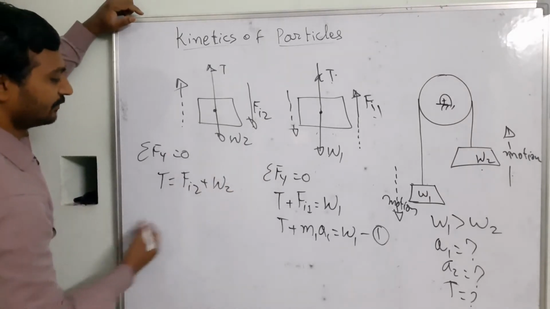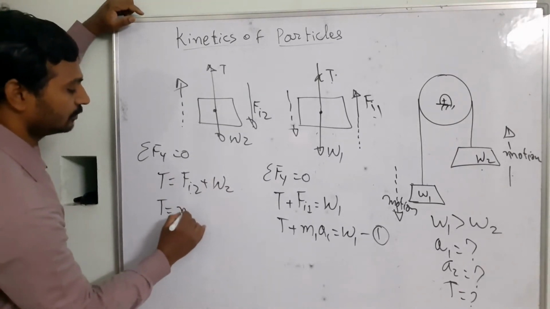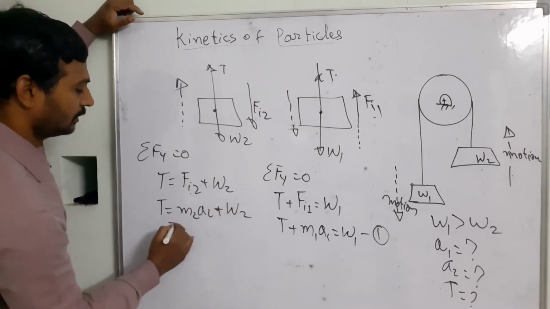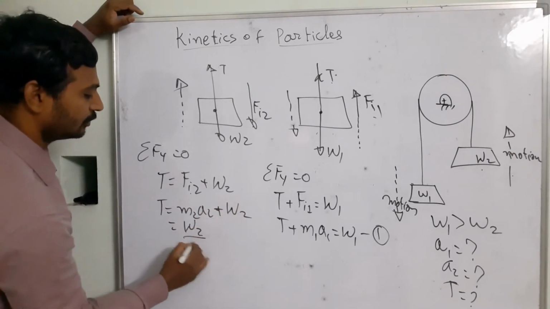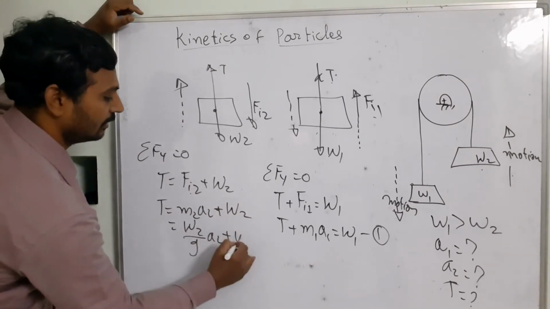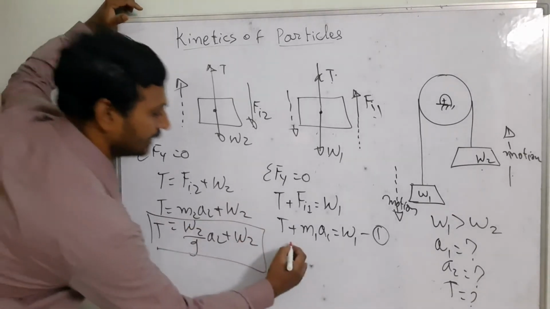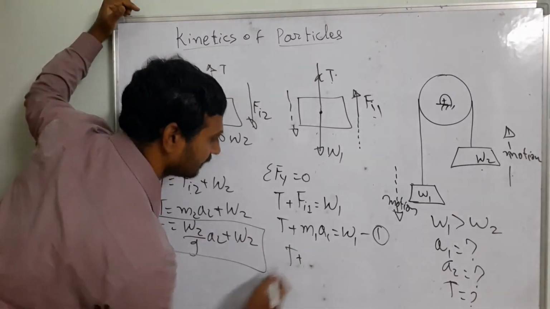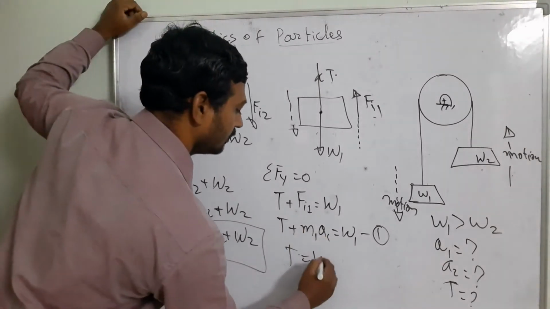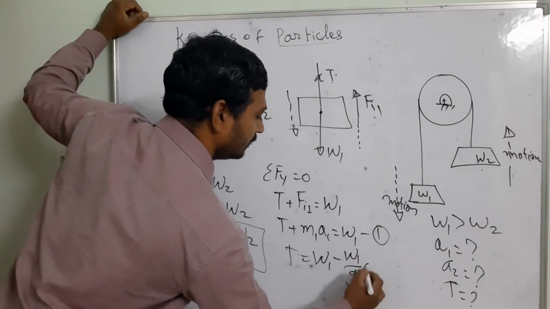Further simplifying this equation, T is equal to M2 A2 plus W2. I am writing this as W2 by g into A2 plus W2, which is going to be your equation. And suppose T is equal to W1 minus W1 by g into A.